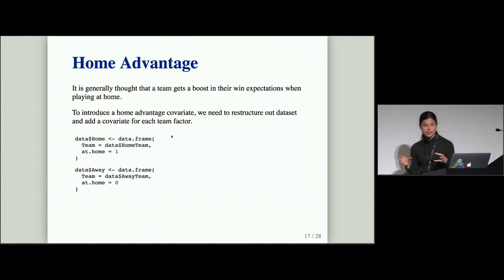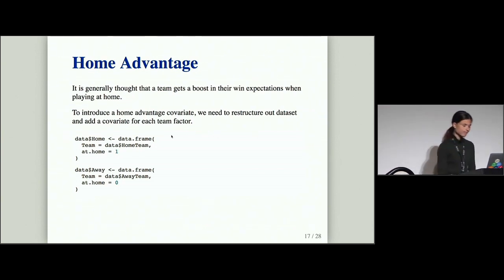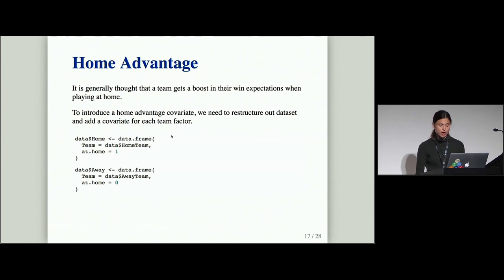To do that, it's a little bit different than you might imagine. It's not simply a matter of putting a variable into our modeling equation. We have to actually change the structure of the home and away team information.